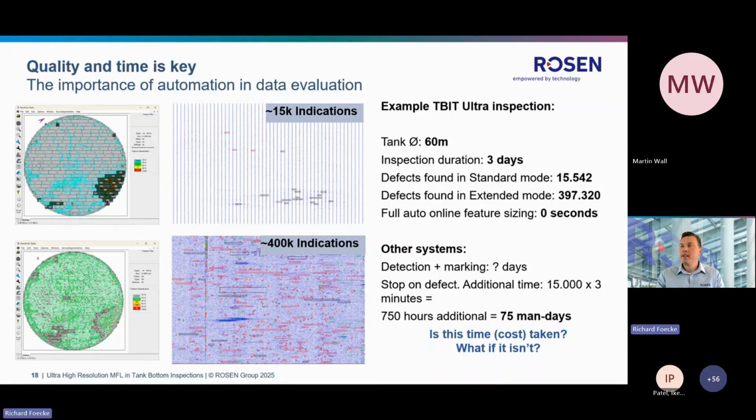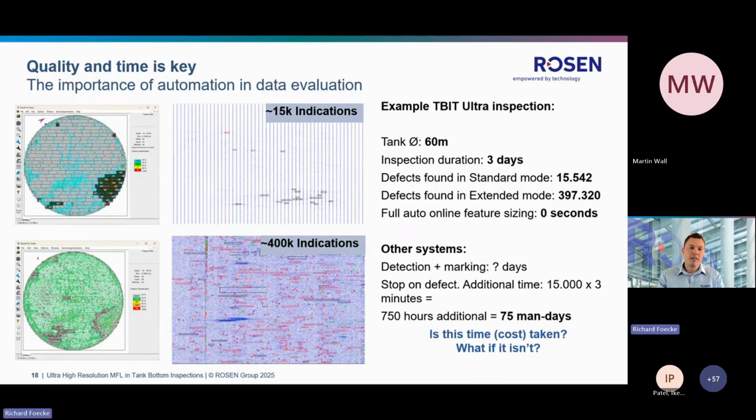Yeah, there's definitely an influence, and I have to say we're also still learning there. But with the ultra high resolution, as mentioned in the beginning of the presentation, we're coming closer to the noise level. So the reduction of the detection threshold from 20 to 10% gets us very close to the noise level.